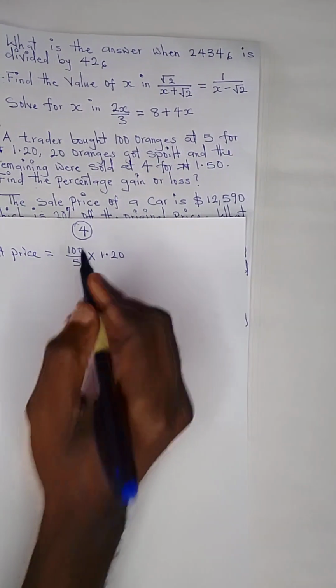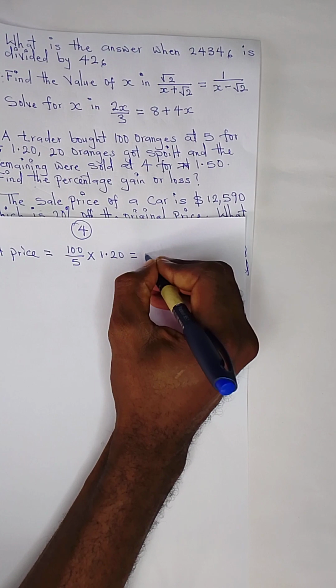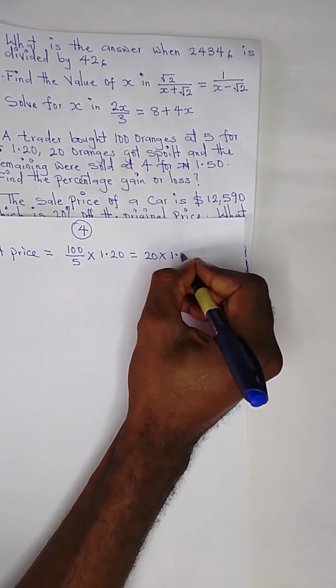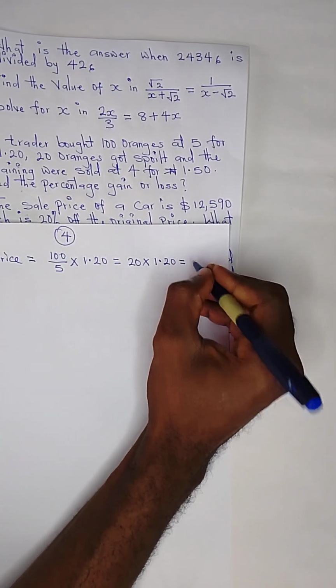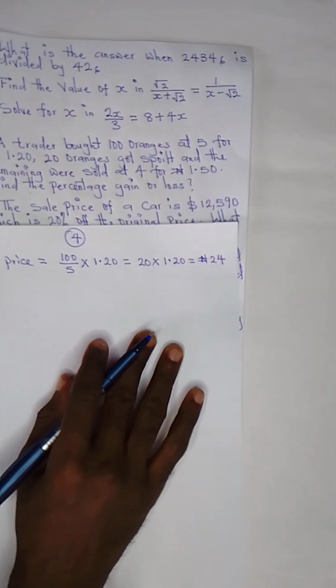So now we can say that 100 divided by 5 is 20, then times 1.20. So multiply this, you are going to get 24. So the cost price is 24 naira.